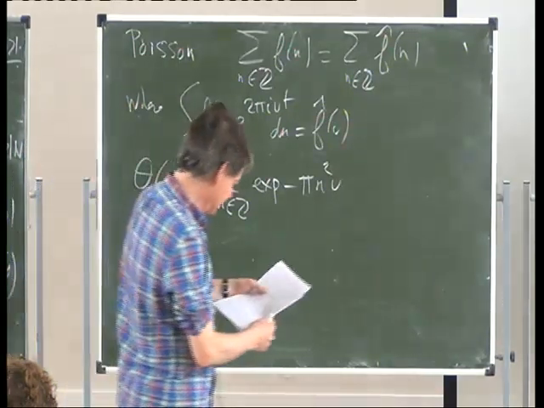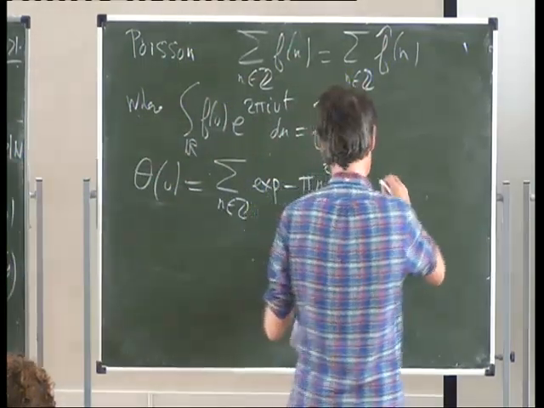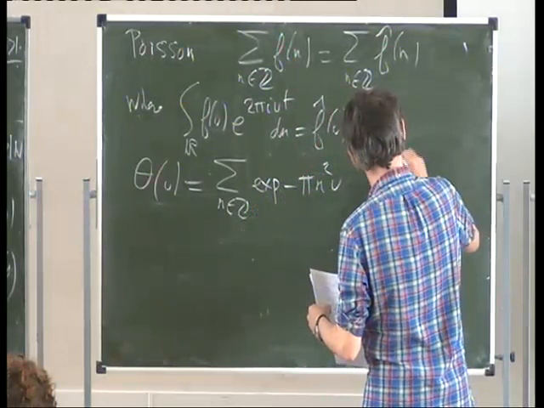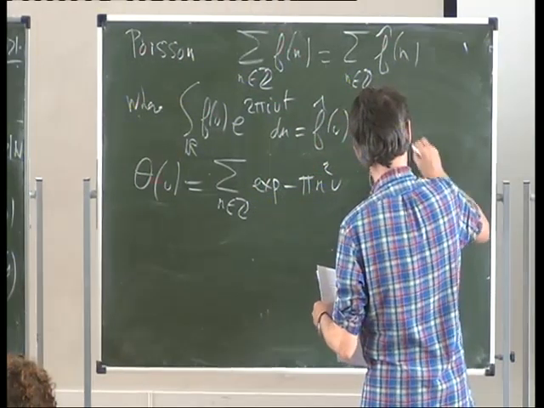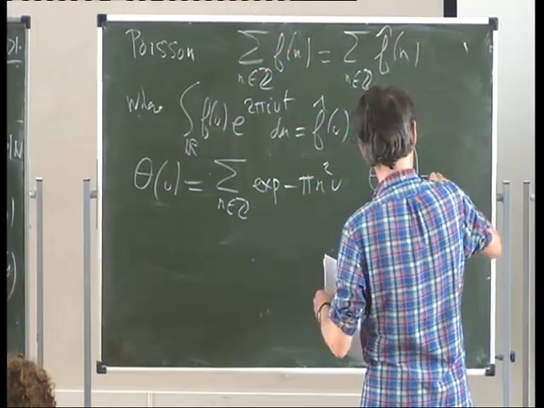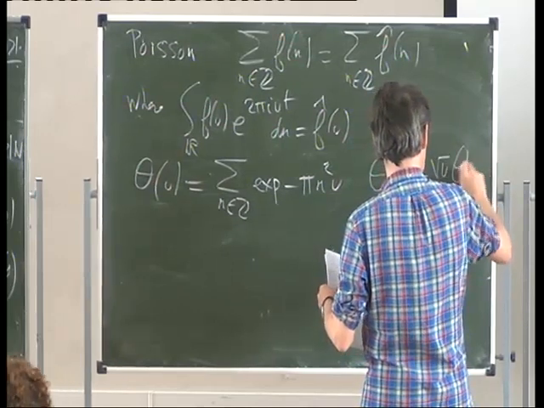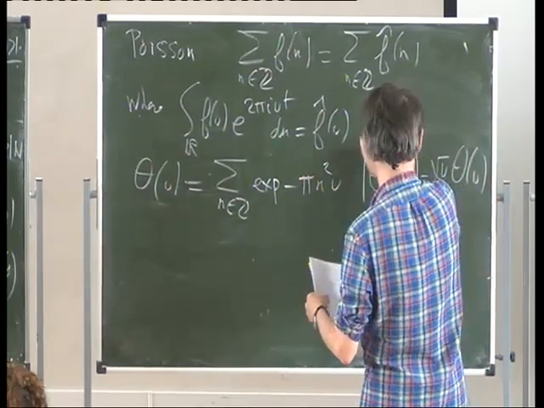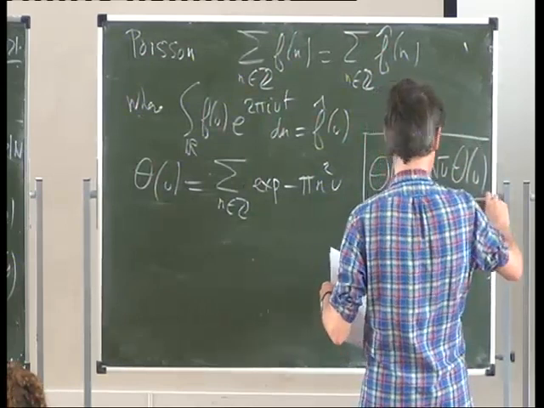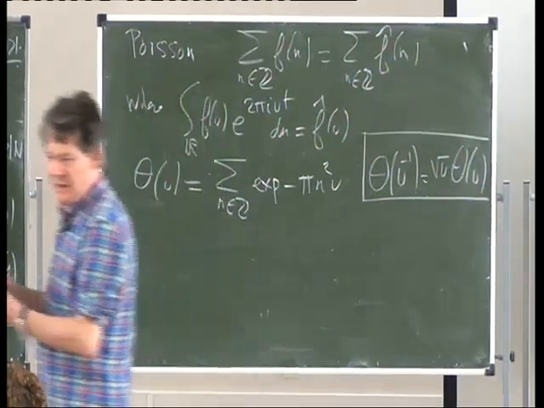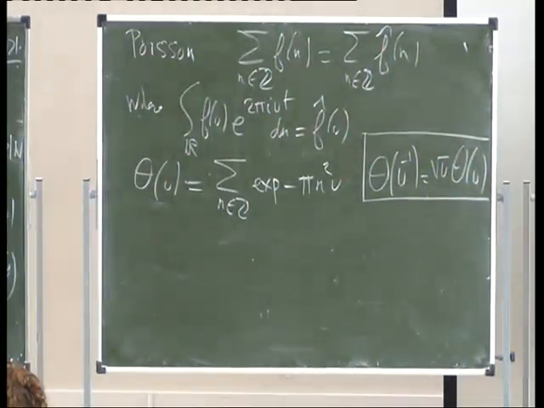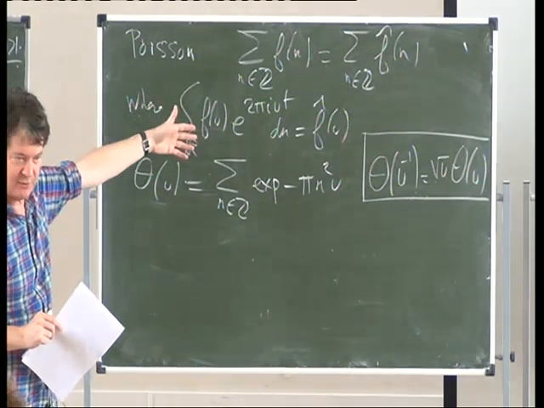I don't give the detail of the computation, which is easy. The functional equation that you obtain is the following: theta(u^(-1)) is square root of u times theta(u). So it's just computing what the Fourier transform is.